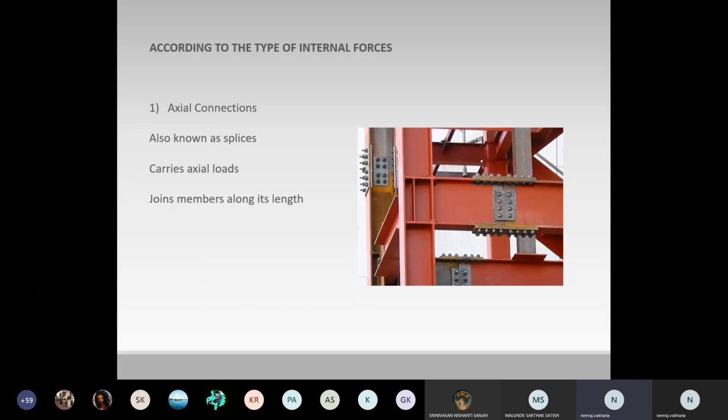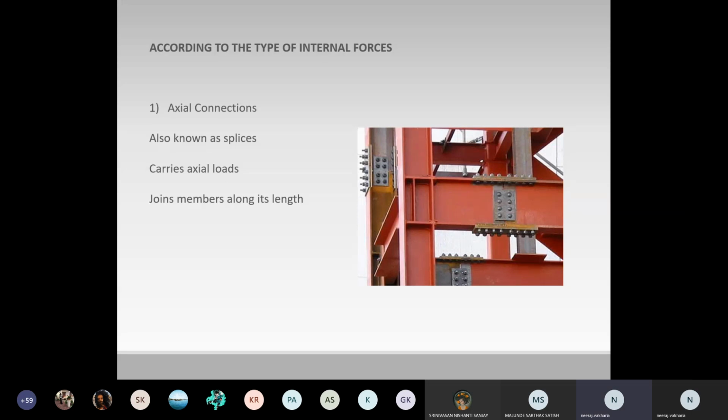Then there is a classification of connections according to the internal forces the connection is expected to transmit. One of the most important considerations is this, because it is based on the internal forces of connection.